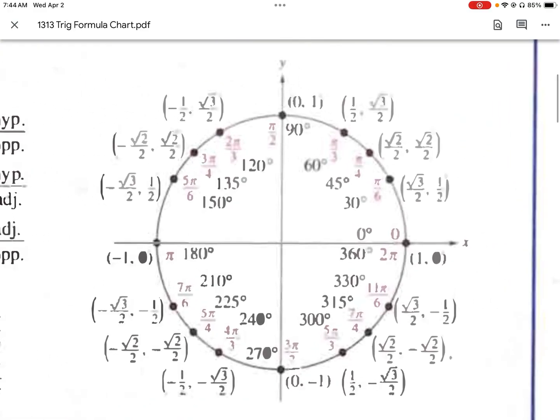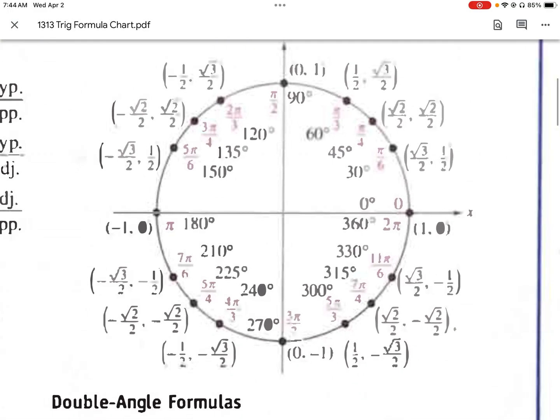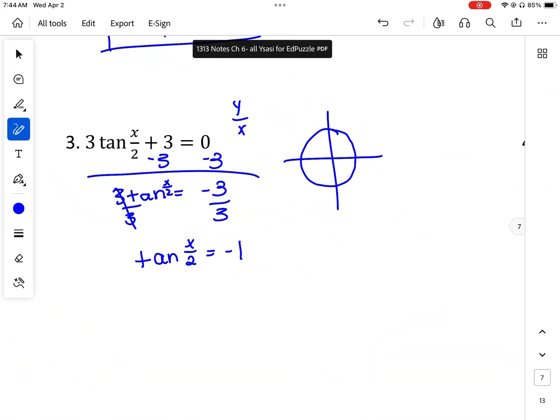All right, so whenever you divide y over x, you get a -1. So that's at 3 pi over 4 and at 7 pi over 4. So it's over here, 3 pi over 4. Here, 7 pi over 4.